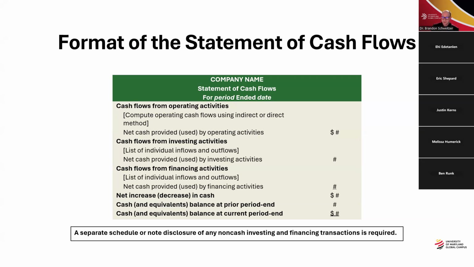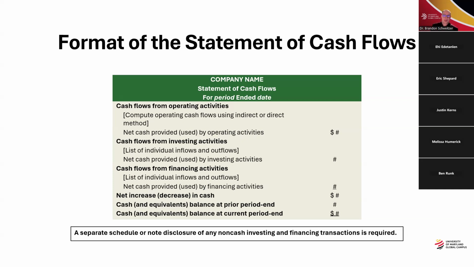So as you can see in front of us, we can see that the cash coming into the business from sales we've made to our customers minus the cash going out of the business for our day-to-day operating expenses equals our net cash provided by operating activities.